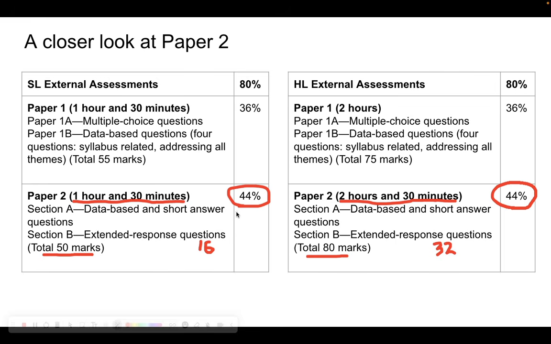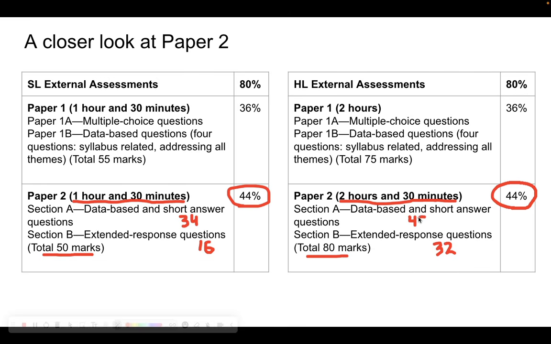And the rest of the points on each of those come from database and short answer questions. So 50 minus 16 is 34 here, and 80 minus 32 is 48 here.